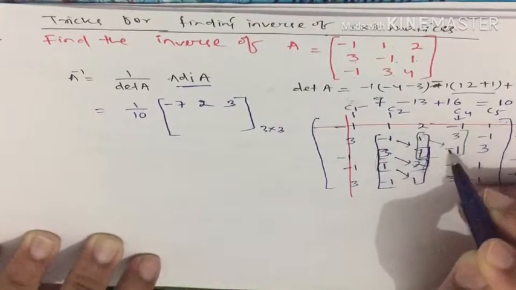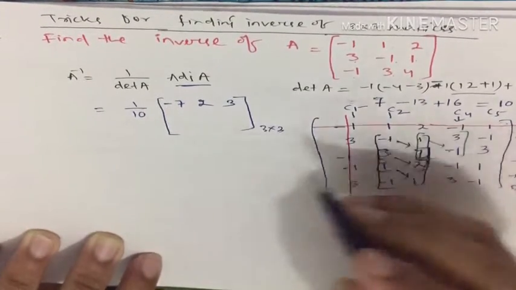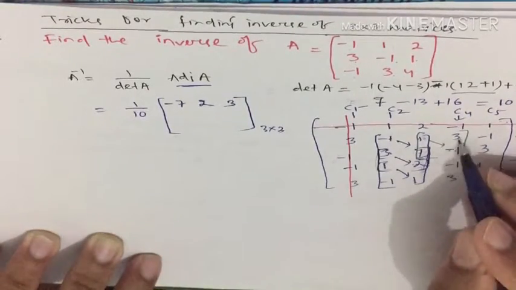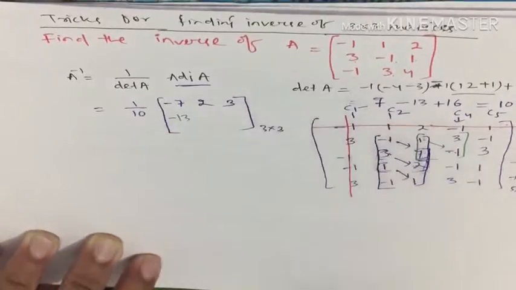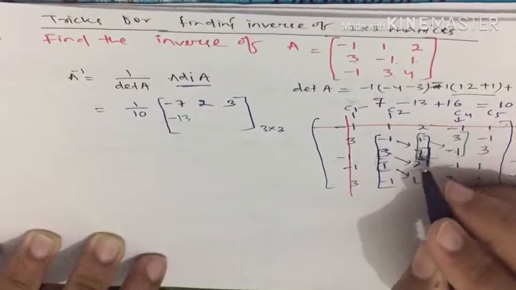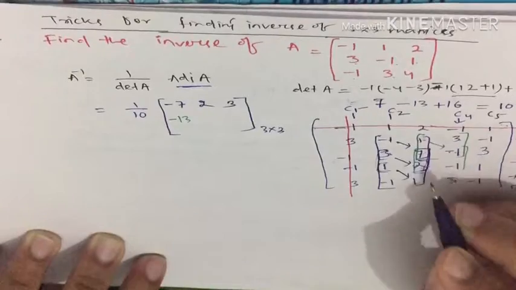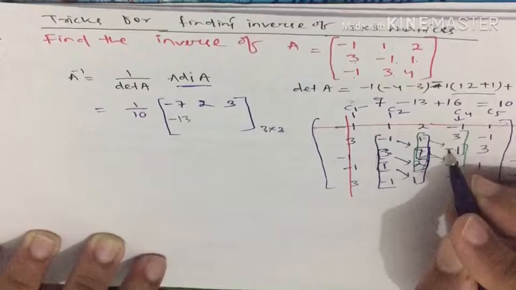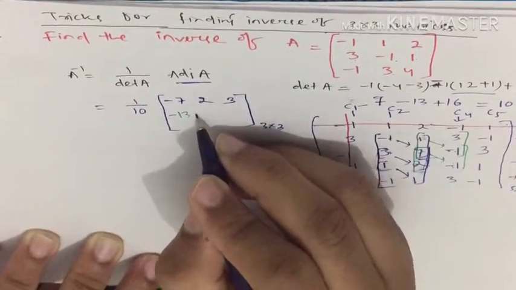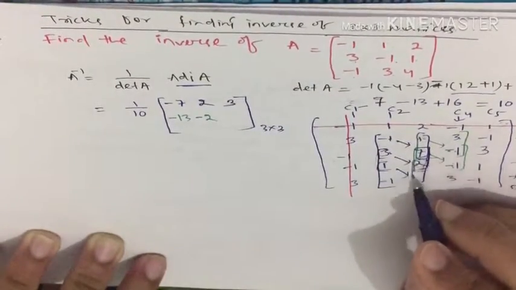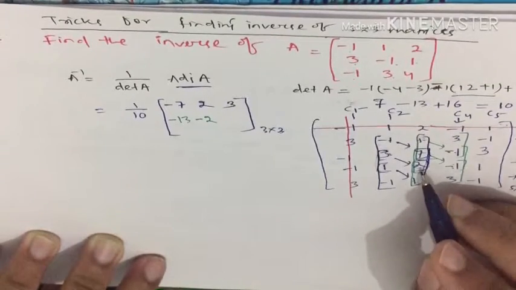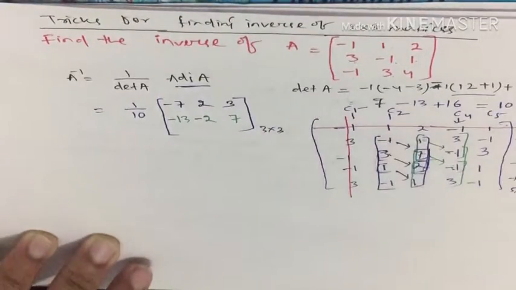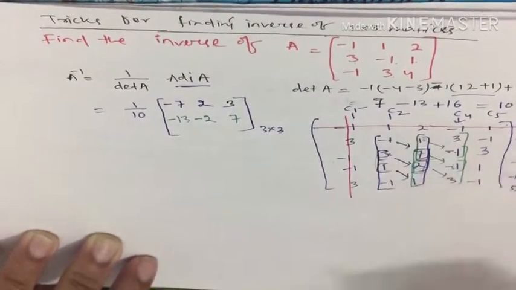You will get minus 1 minus 12, this is minus 13, and the next 4 consecutive elements, find the determinant: minus 4 plus 2, this is minus 2, and from the next 4 consecutive elements you will get 6 plus 1, that is 7. I hope you understand better.